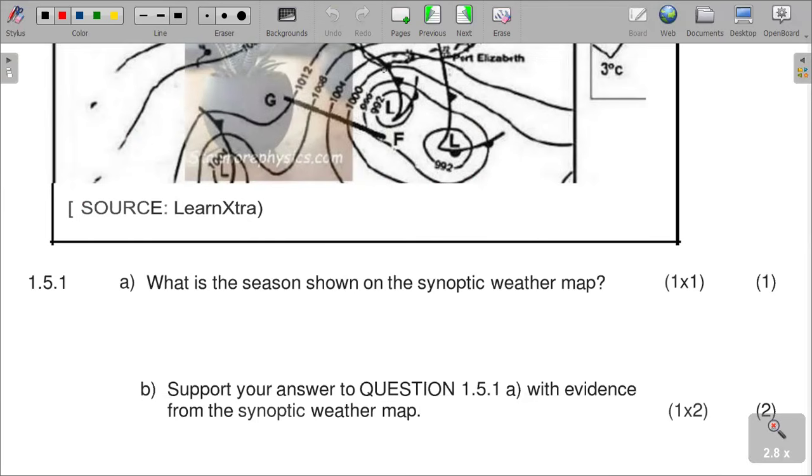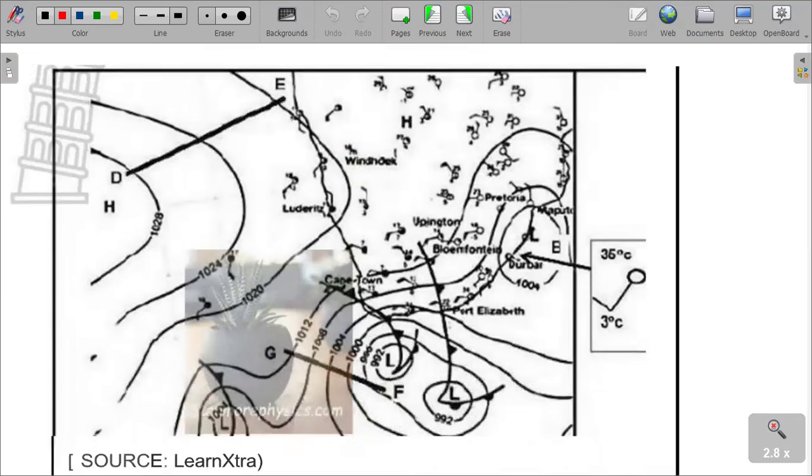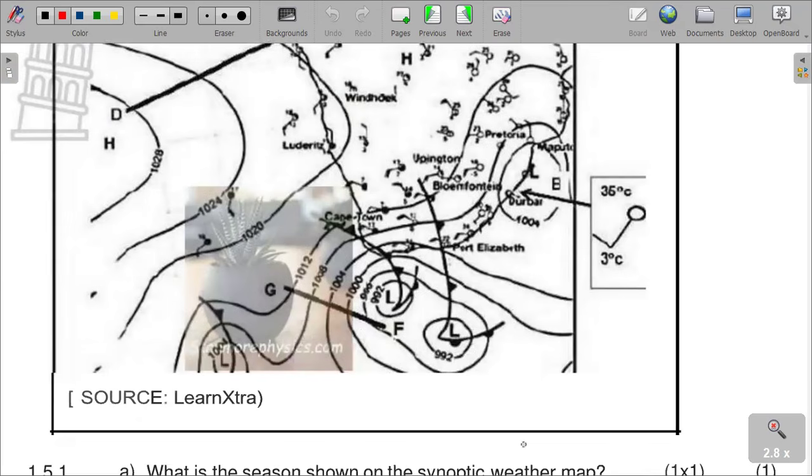I also answered questions about the weather map previously. When given a synoptic weather map, you should be able to answer questions that follow, such as in which season this weather map was given. What causes us to say which season it can be?